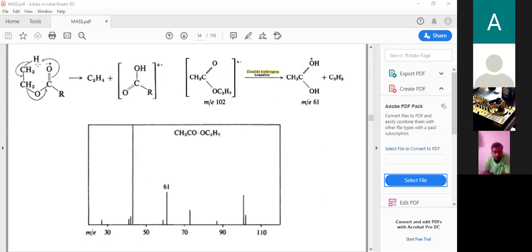One of the hydrogens migrating to the oxygen is a different case, but here two hydrogens will be migrating simultaneously. So that is double hydrogen transfer.